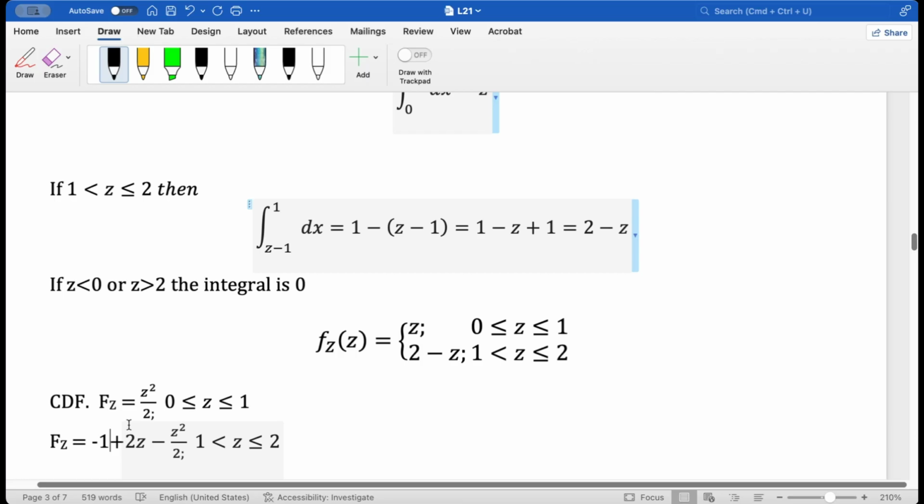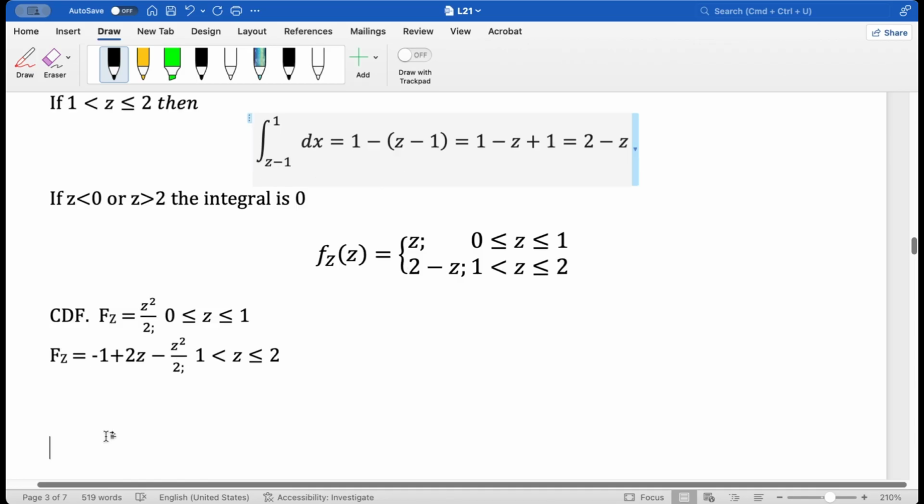So any value, when you're plugging in a value into these expressions, you're supposed to be getting the running total cumulative probability of z less than or equal to that expression. So that's why we have to put in that certain constant of integration there to get that to line up with the cumulative running total.